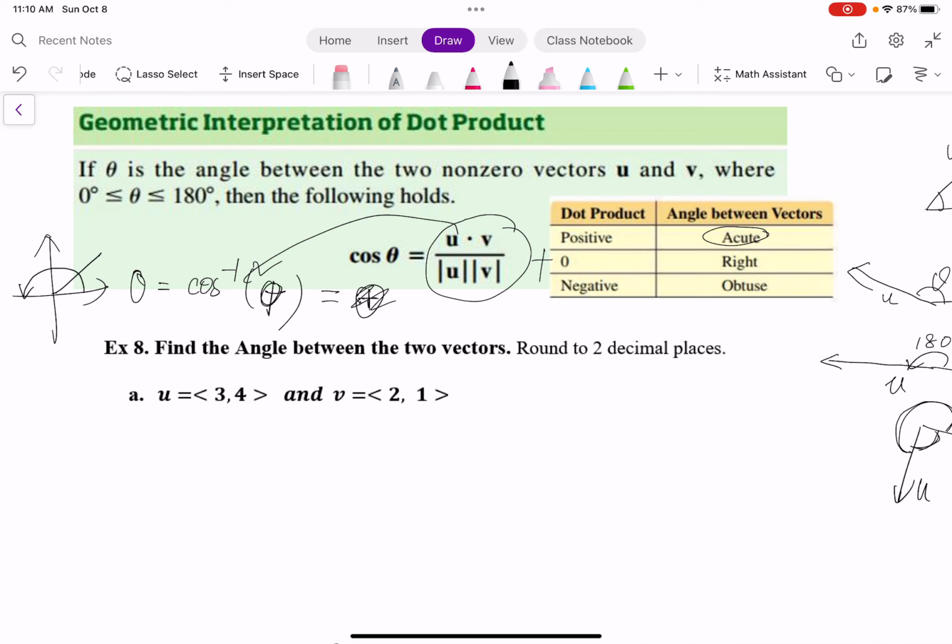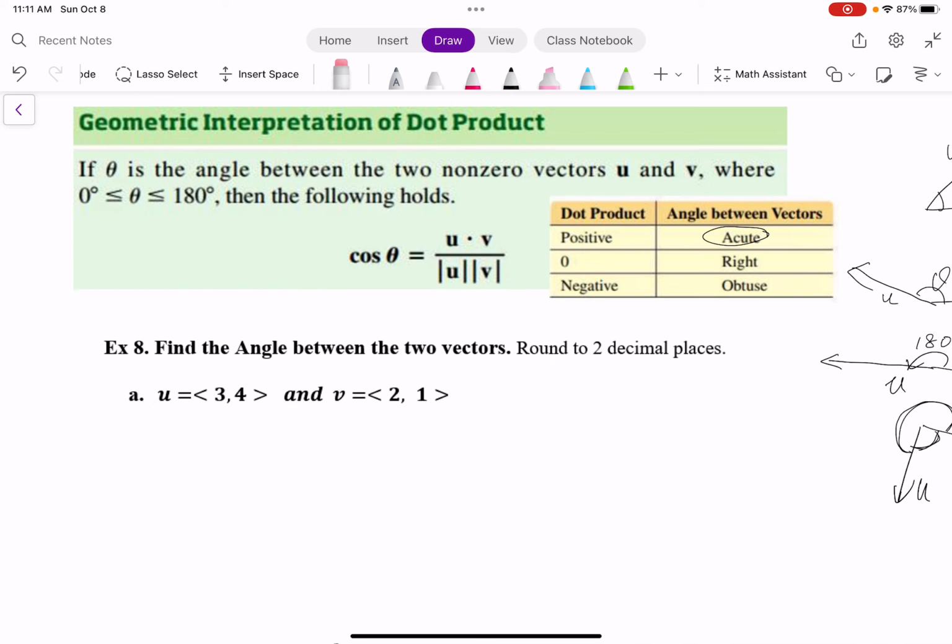If my dot product is negative, then my angle is in the second quadrant, so the angle is obtuse. When I got 0, the inverse of cosine 0 is 90 degrees. So this is a right angle.